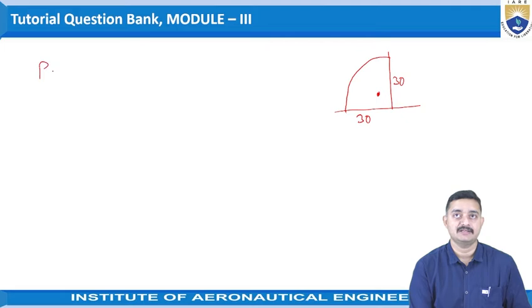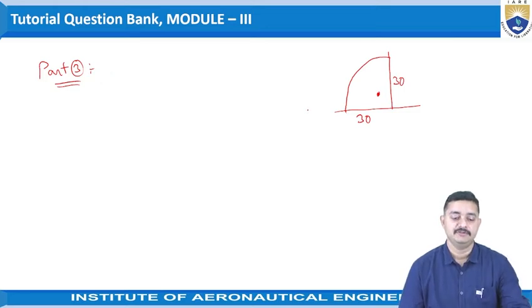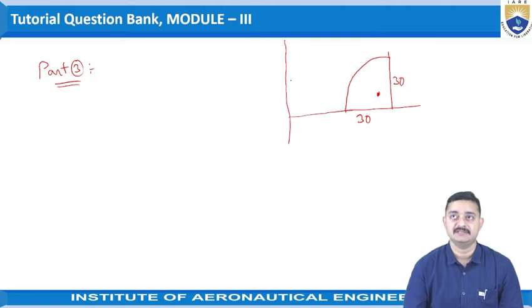Now for part 3. We need to understand here again that the remaining axes which are present here, that is y-axis and this x-axis, are like this. So this distance is also 30.